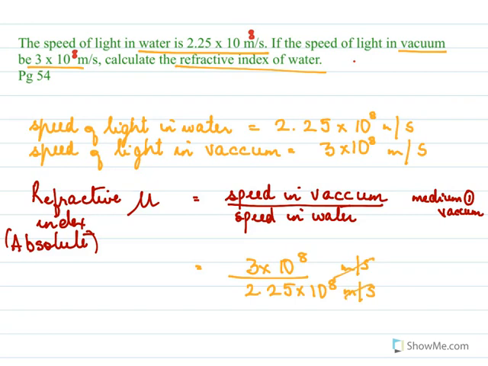So this cuts off. So you get 3 over 2.25, which is 300 over 225, and the answer of this is 1.33. It will have no units because the units will cancel out. It is a ratio of same quantities. So refractive index, absolute refractive index of water is 1.33.